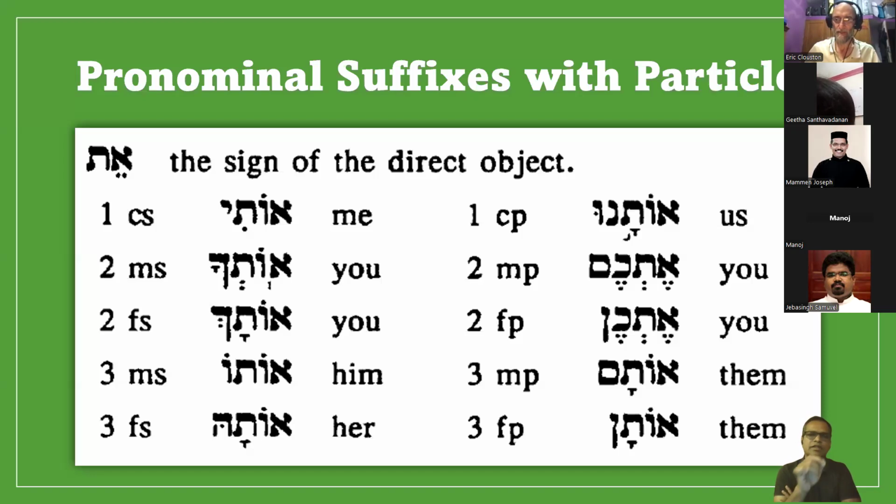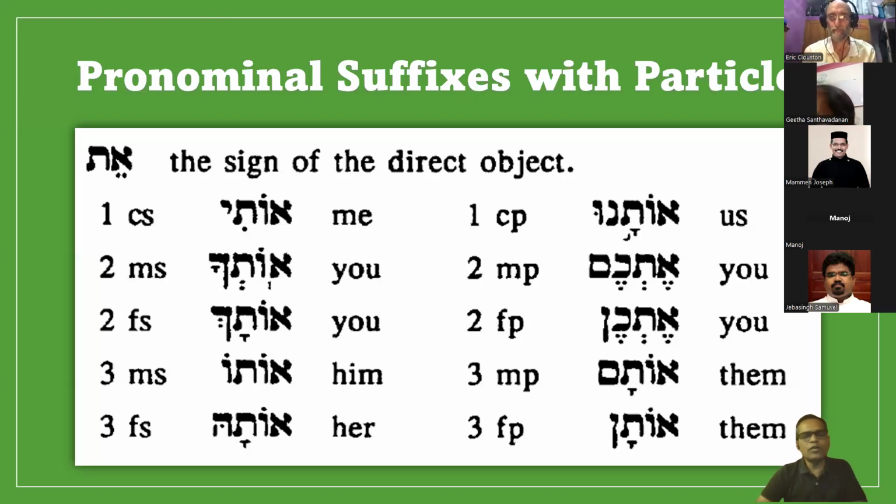When it is standing before the object, it is just a marker to help us indicate which is the object. But when the object marker is carrying pronominal suffixes, then the object marker itself will become the object. How? Because the pronominal suffix is added.